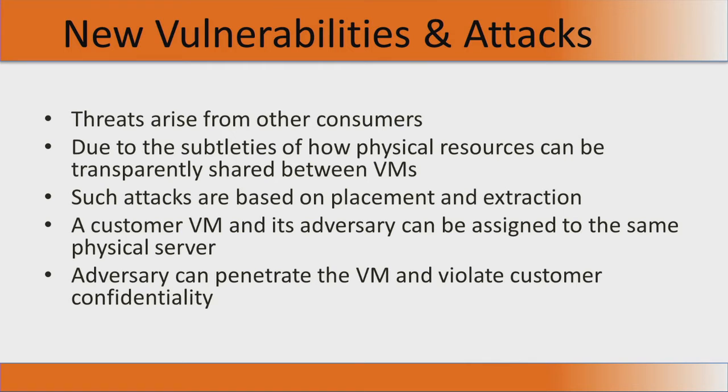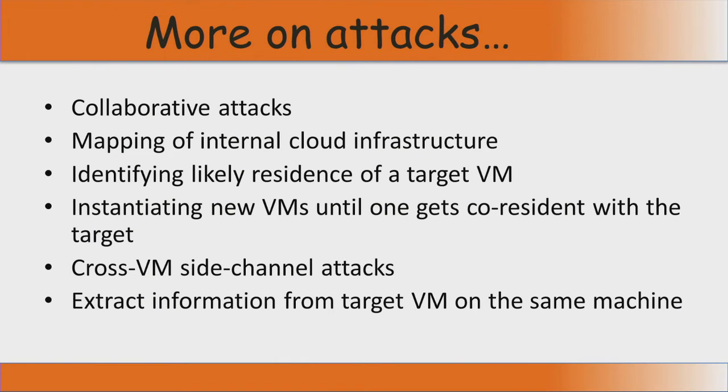So, the notion of multi-tenancy gives out a set of new vulnerabilities and attacks. Because of this multi-tenancy, we could have collaborative attacks. I could also map the internal cloud infrastructure, and based on that I could position my attack, and there can also be cross virtual machine side channel attacks, which can extract information from the target virtual machine on the same machine. All these things come because many software programs are trying to run on the same physical hardware.